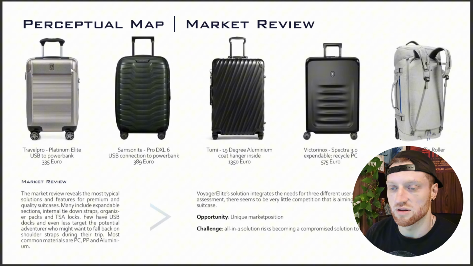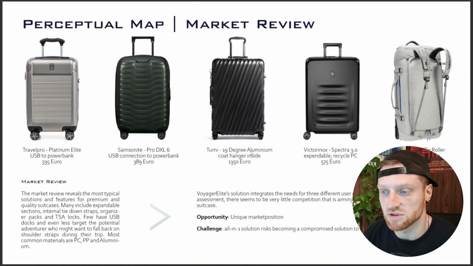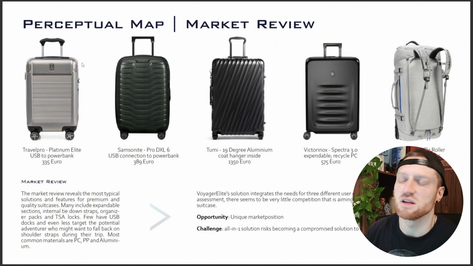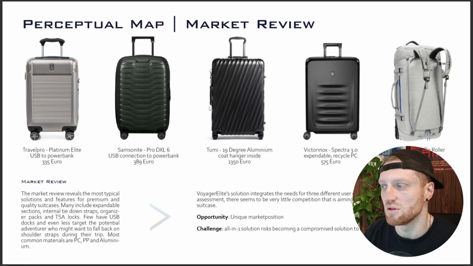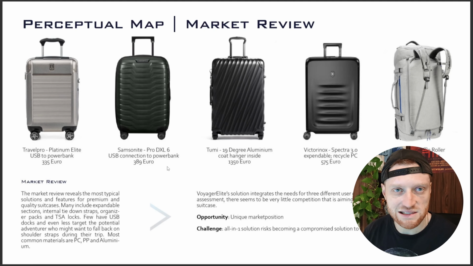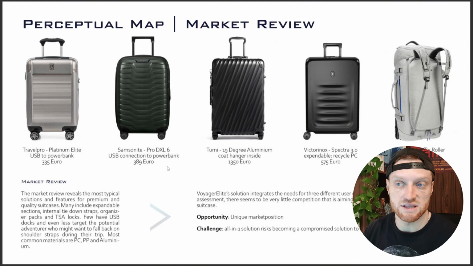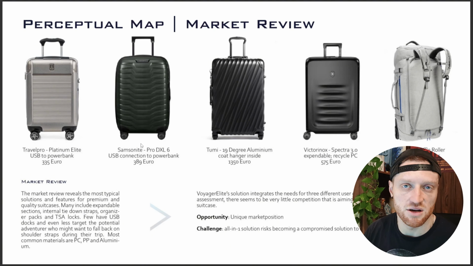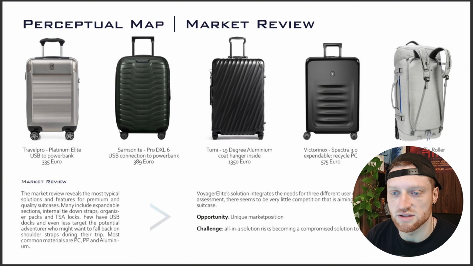So I looked at, let's say, some of the well-known competitors like TravelPro, Samsonite, Tumi, right? They're obviously much more premium, for example. I got an initial understanding of the price landscape, the aesthetic appearance, but also the functions that are implemented in these suitcases, like USB connections to a power bank, or coat hangers inside.